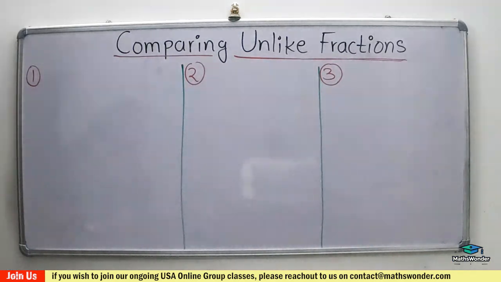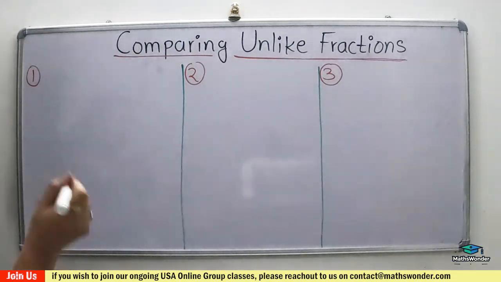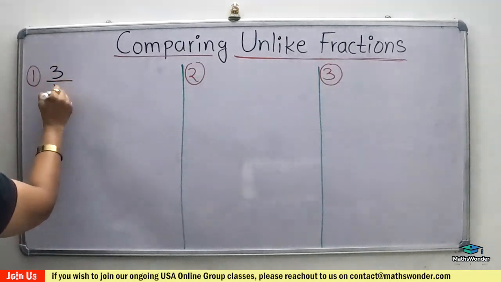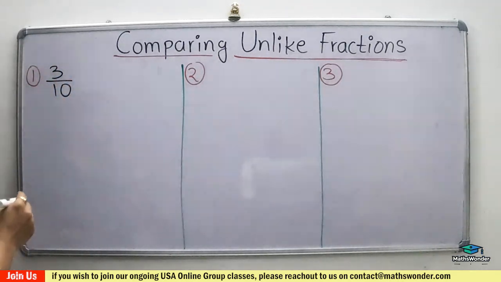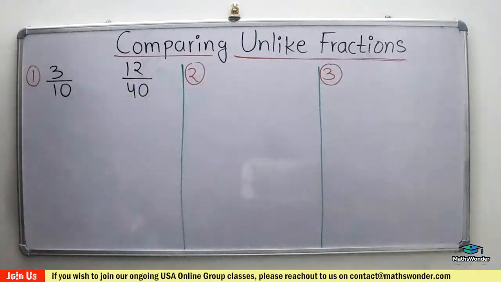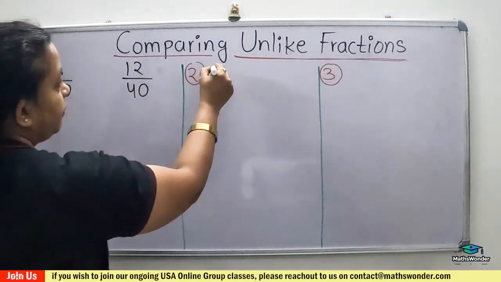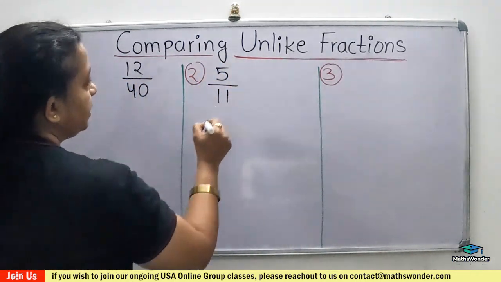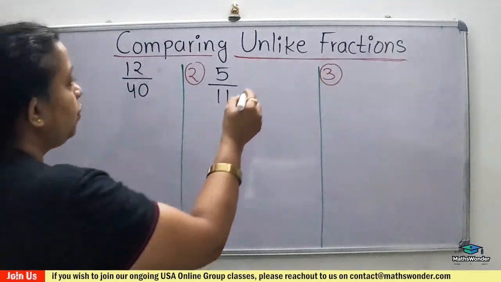I'm giving the format first. The first pair is 3 over 10 and 12 over 40. The second is 5 over 11 and 4 over 9.